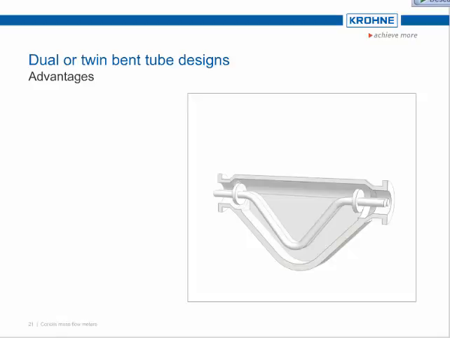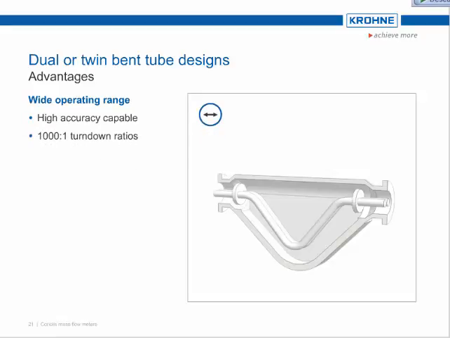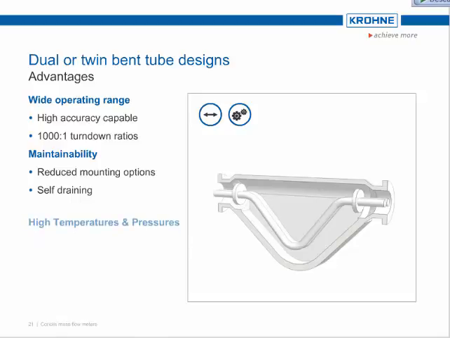Dual or twin bent tube meters are used for both general purpose and high performance applications. They can provide wide operating ranges, offering options for high accuracy and turn-down ratios of 1000 to 1. Maintenance and installation options are reduced for bent tube meters, but some designs are self-draining if installed to the manufacturer's instructions.